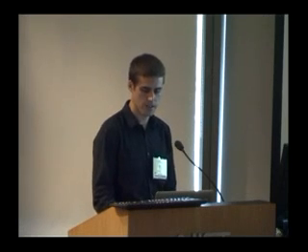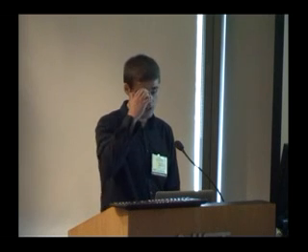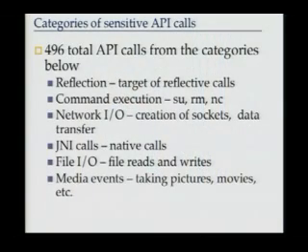So it really depends. There are about 496 API calls that are being logged. Some of the things we log are reflection, because some people may actually try and hide the API call that they're using. To use reflection, you need to build it up over a series of API calls.